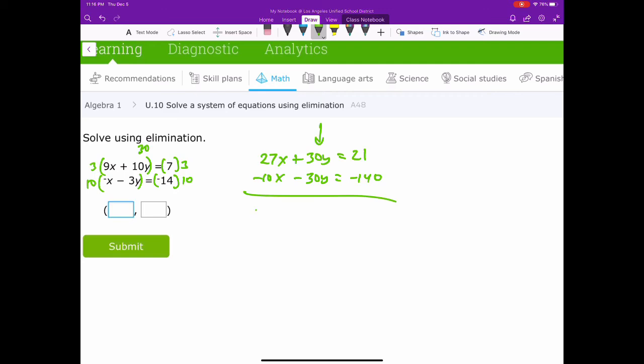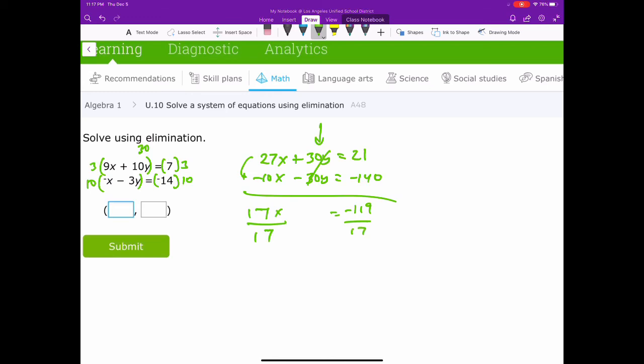That will become positive 17x, since 27 minus 10 is 17. The y's cancel out, and we're left on the right side with negative 119. Now, once I divide by 17 here, I don't know my division by 17.